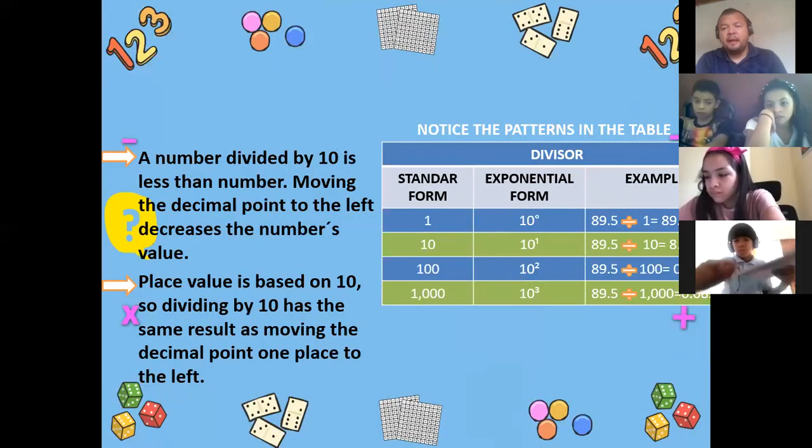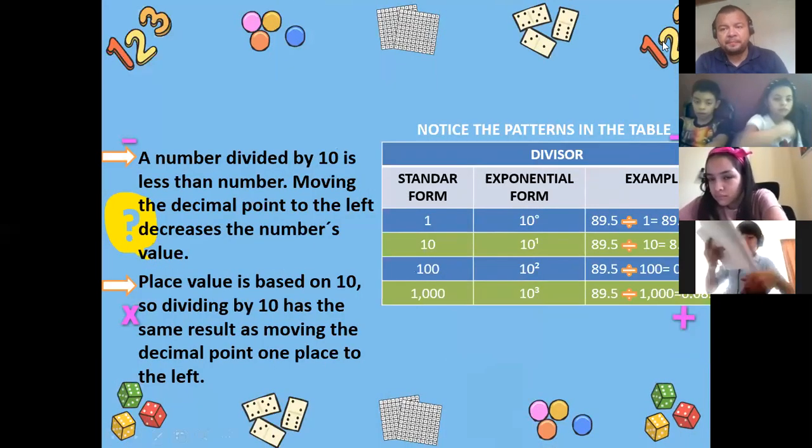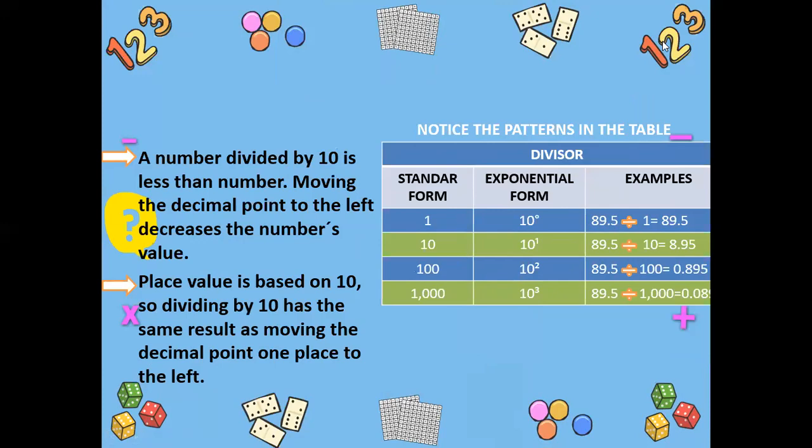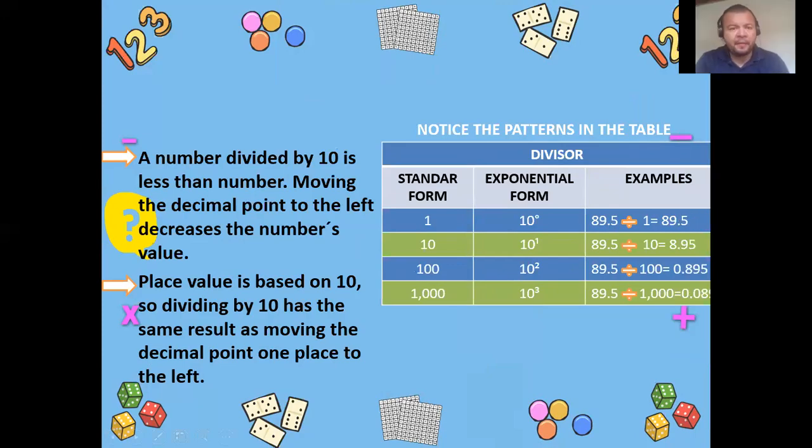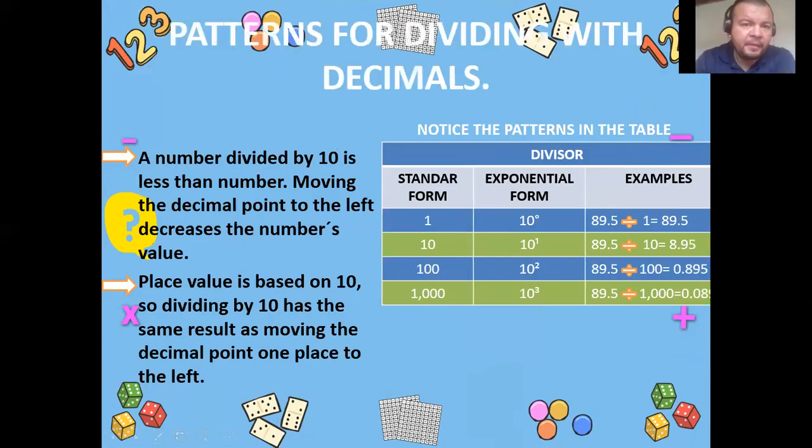Okay, we have here the topic: patterns for dividing with decimals. That is the topic. A number divided by 10 is less than the number.